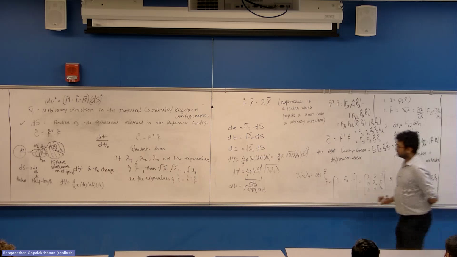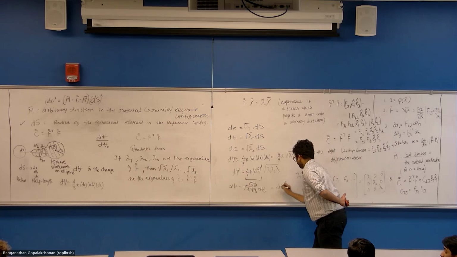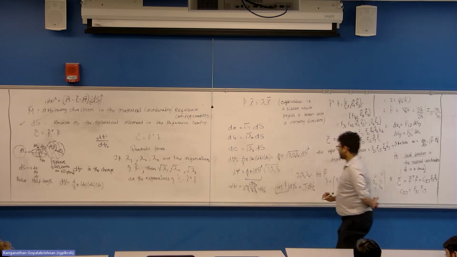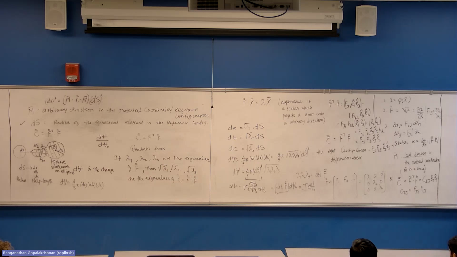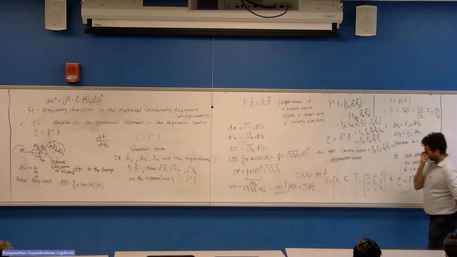So this is like writing the determinant of F multiplied by dV naught, and we give a special symbol to this determinant of F. We are going to call it J times dV naught, where J is called the Jacobian, the short form for determinant of F.